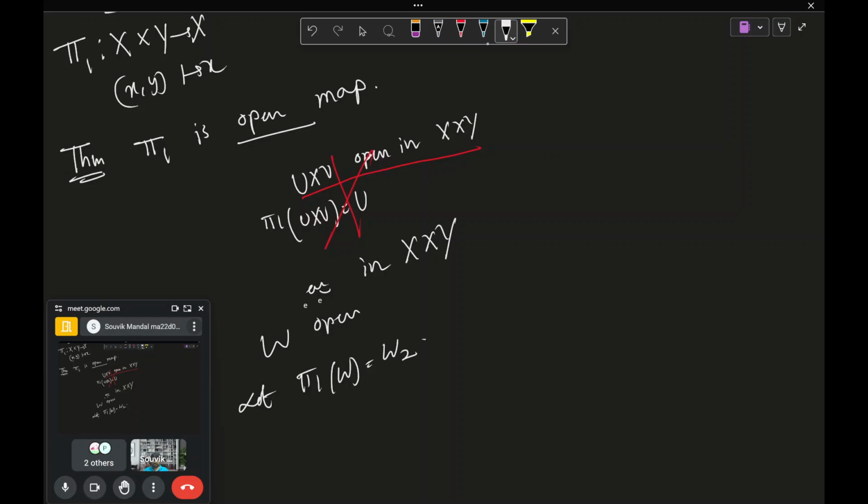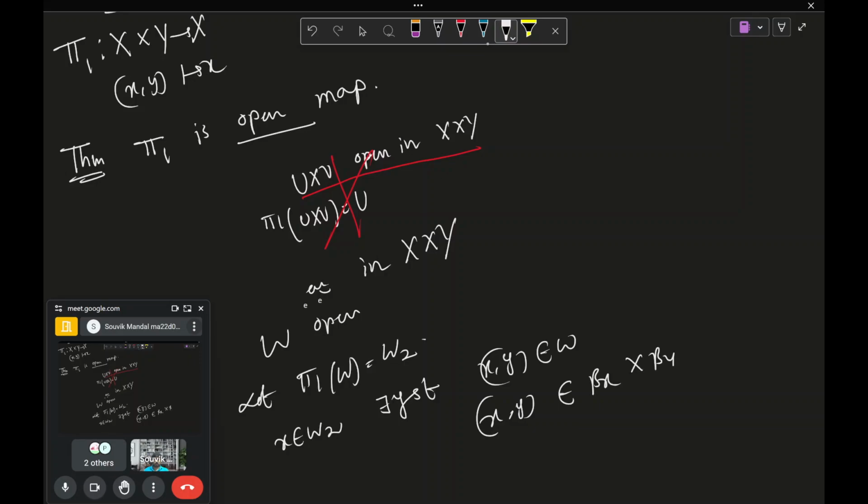Corresponding to the x, there will be some (x, y) in W. And corresponding to this (x, y), there will be some basis element bx cross by containing (x, y) and inside W. So this bx containing x is also contained in W2.